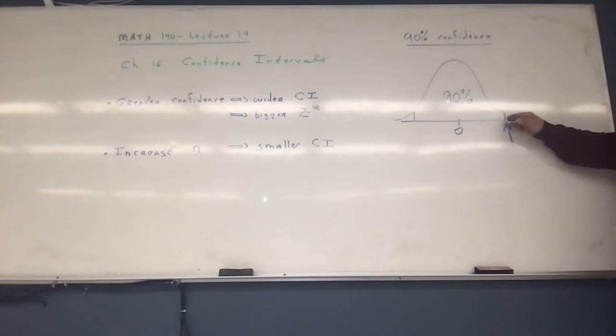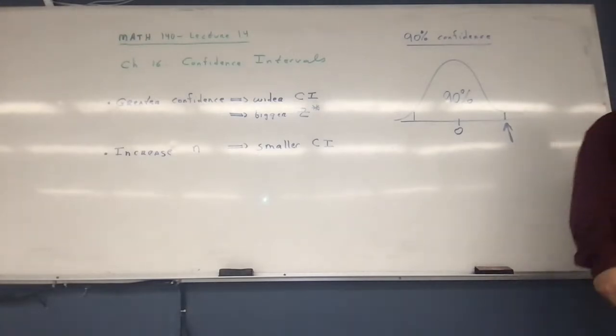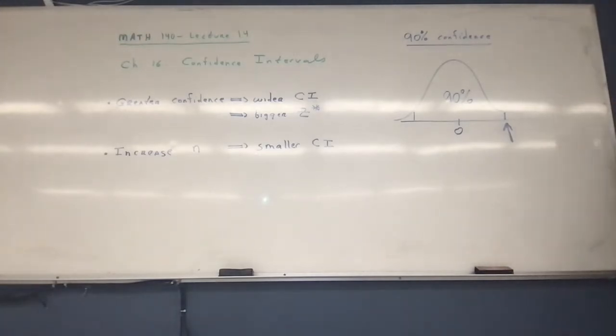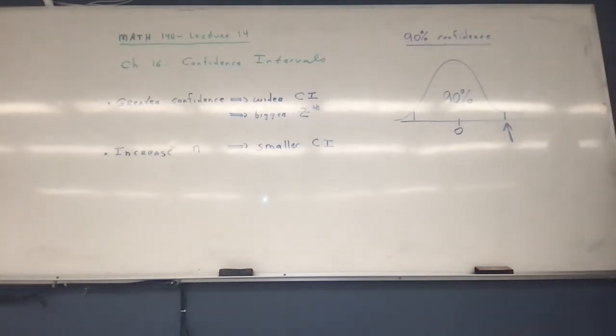Negative on the left, positive on the right. What number is the positive value that cuts off 90% in the center? Great, what's the exact number? Or at least to 3 decimals, what's the exact number?